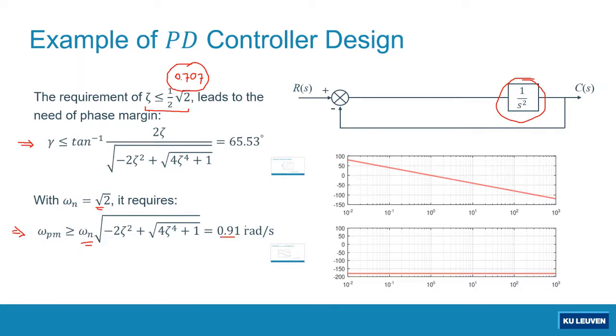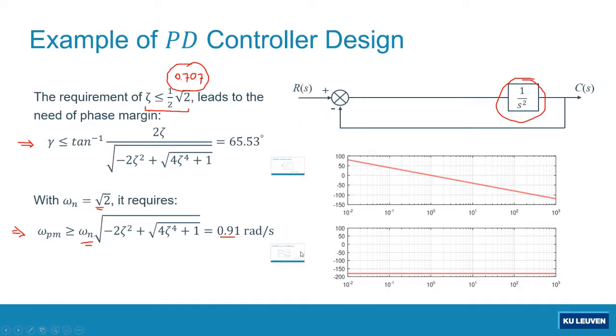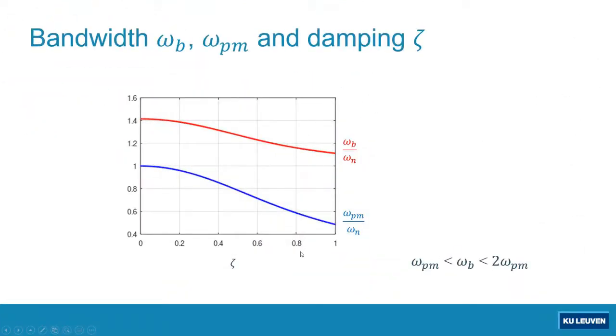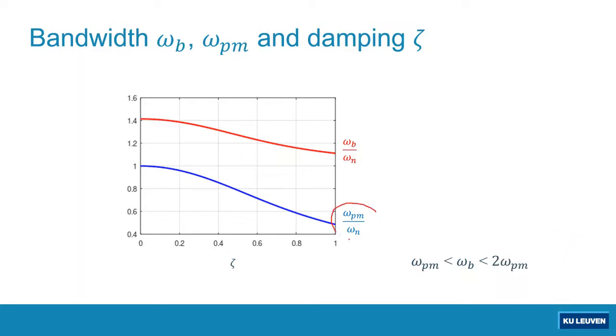You still remember one of the plots that we discussed a long time ago? The relationship between the ratio of phase margin frequency to omega n and the damping ratio zeta.